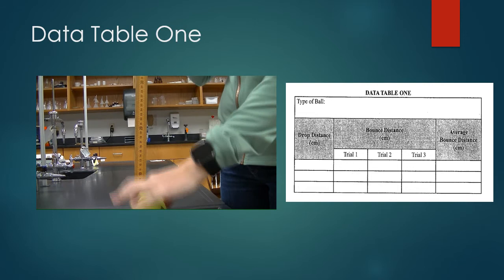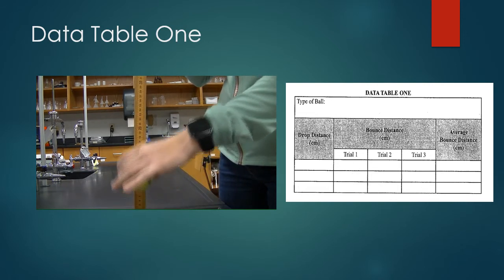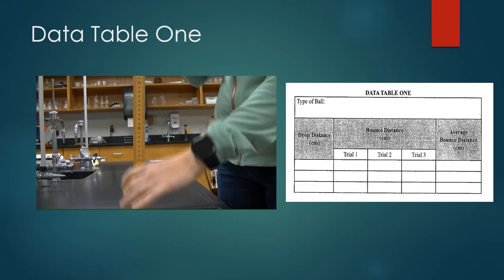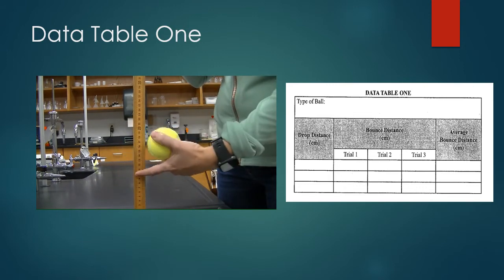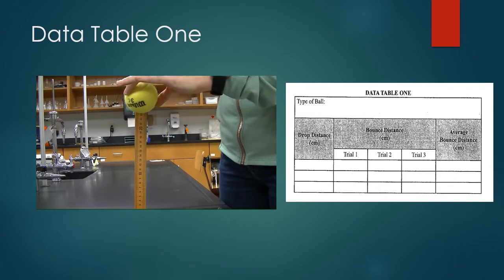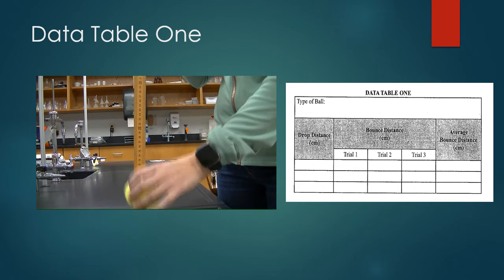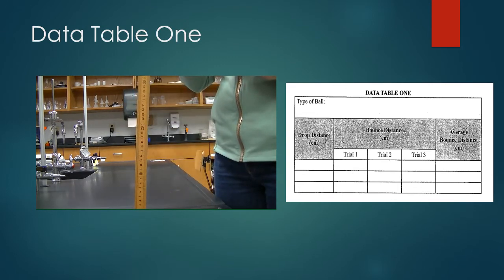It is going to hit the bench top and bounce back up. However high it bounces, that's the measurement that you want to record for bounce distance. Now I'm going to do this 3 times, dropping it each time from the same distance, that 20 centimeters, and you will record the bounce distance for each of those 3 trials.